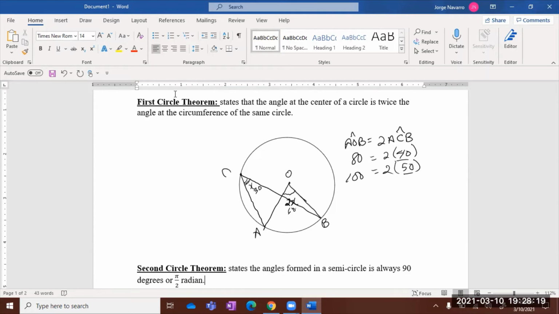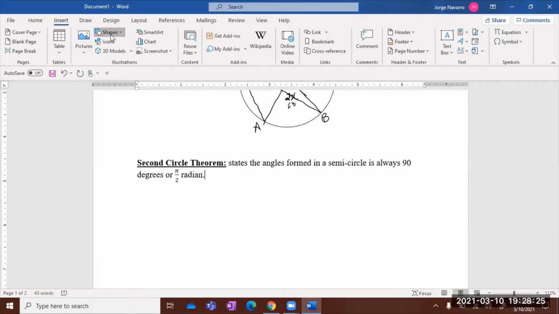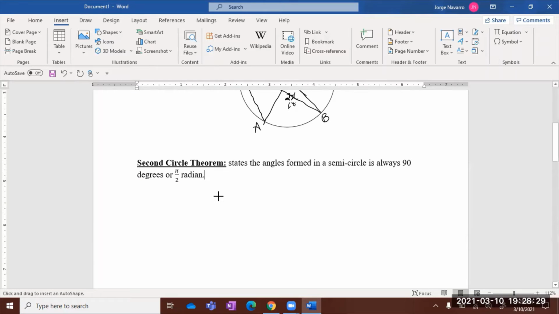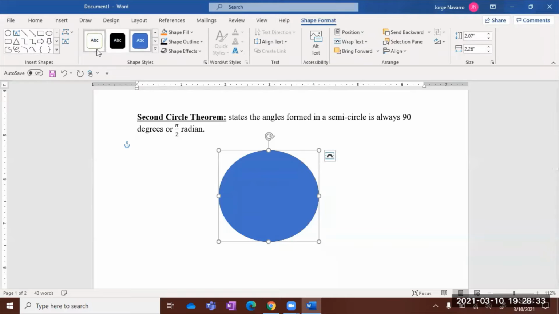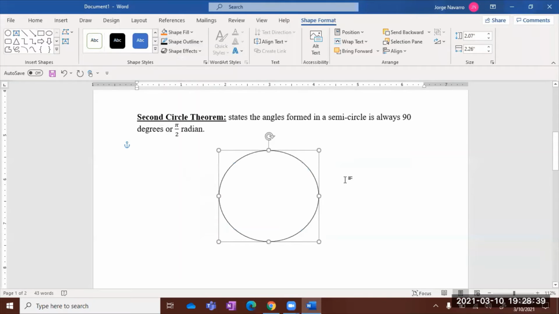Okay, so let's see how that looks. Let me insert circle again. Right?